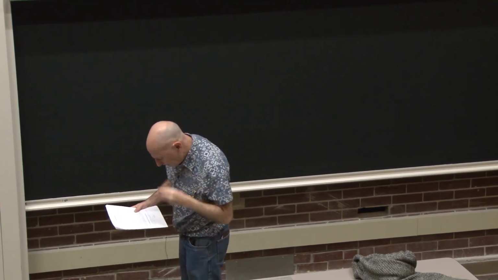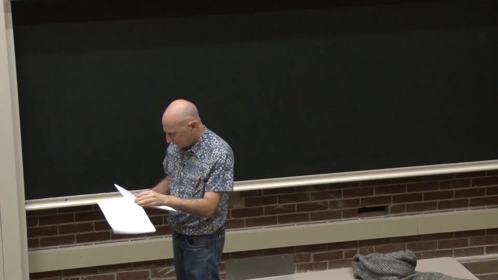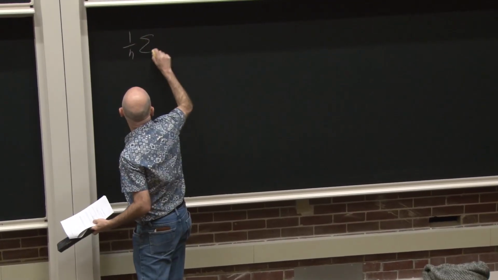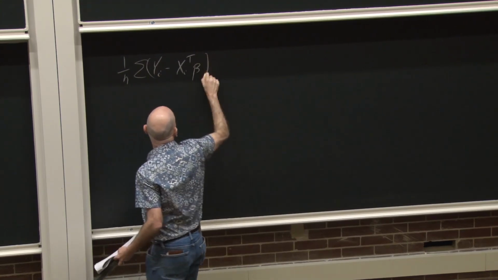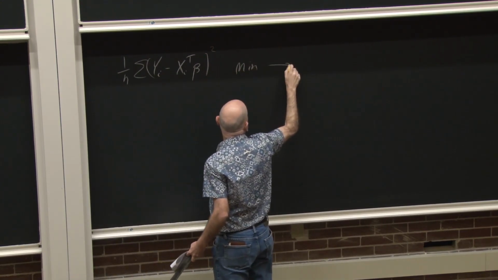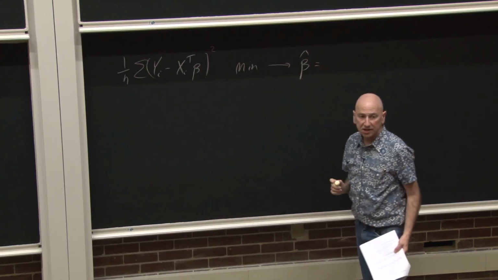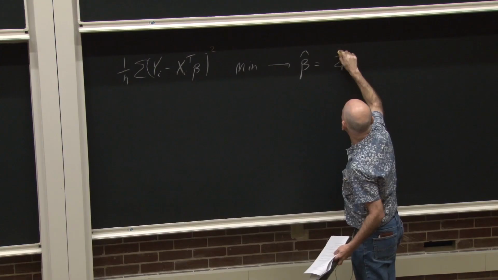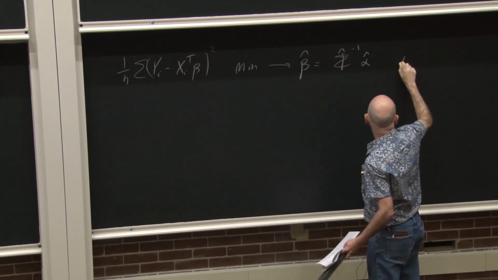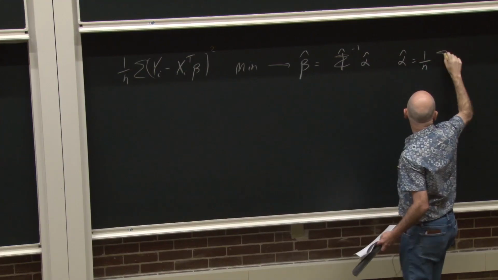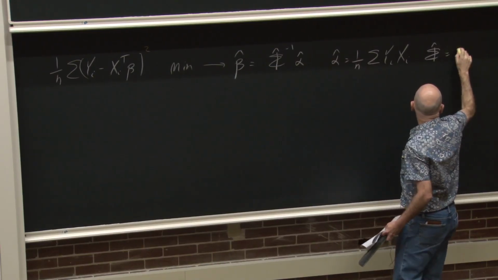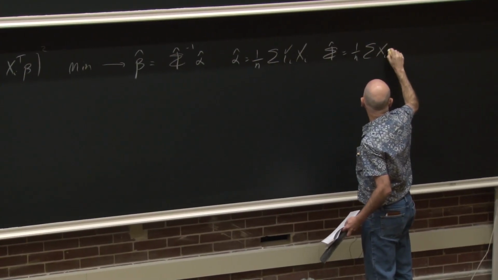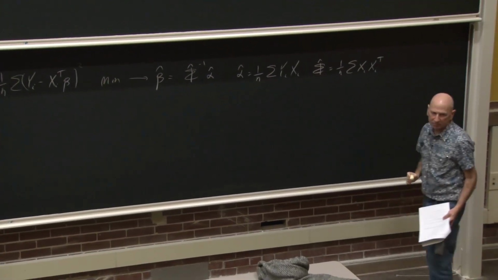So you would minimize the sample version of that, and when you minimize that, you get the least squares estimator, where this is now just the sample versions of everything.